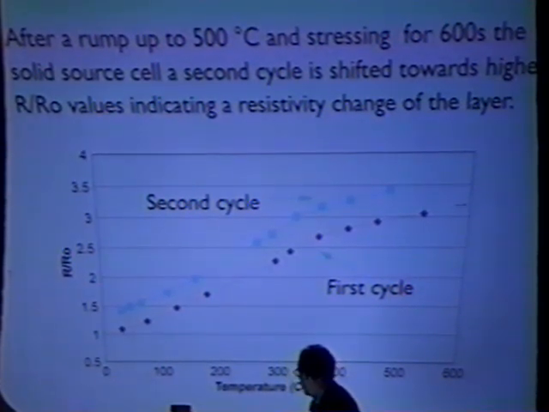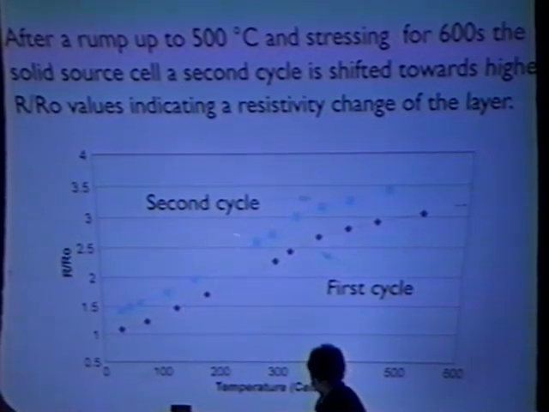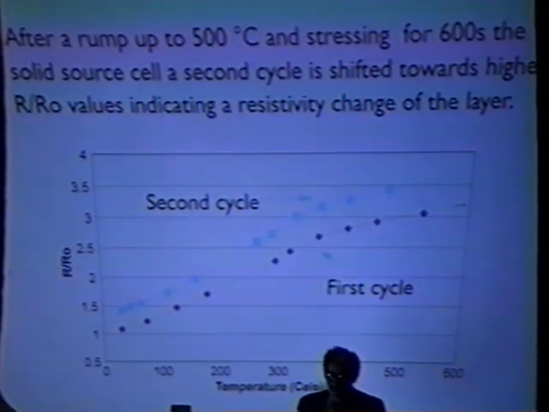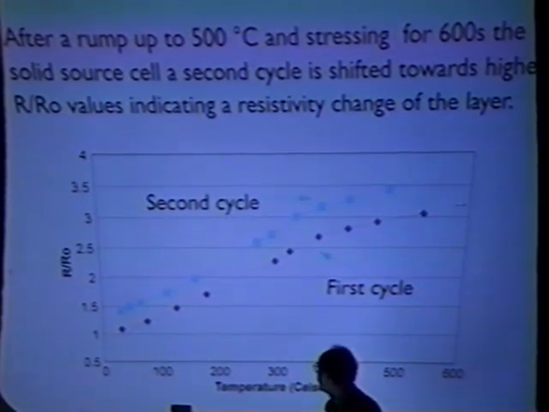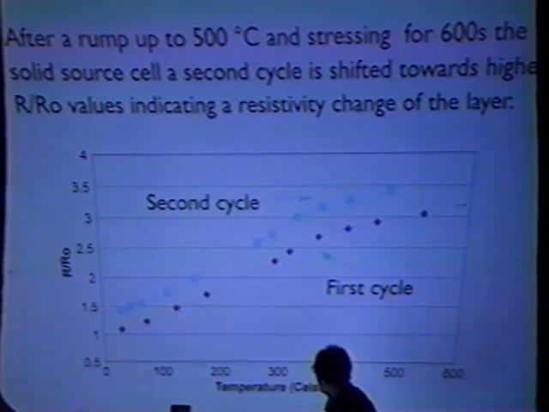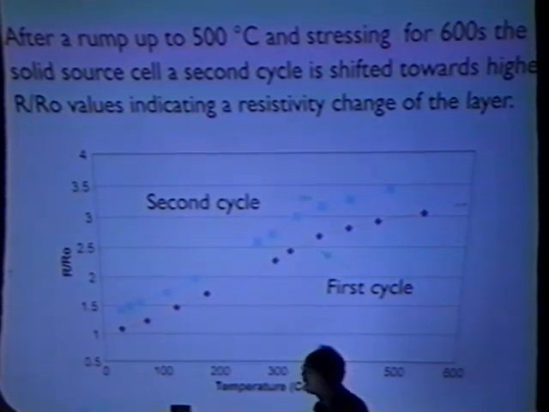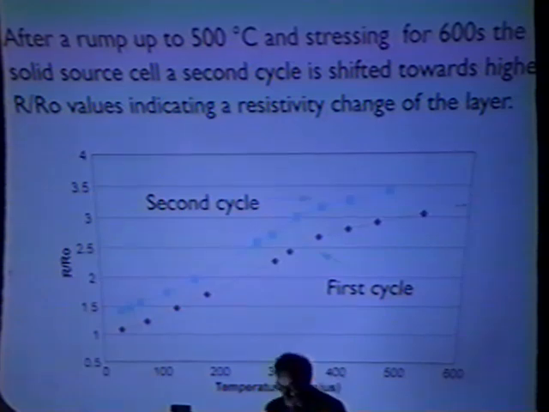With these curves, I just try to make a confirmation of the activation energy of the release of hydrogen from that film. And I used several cycles stressing the cell at different temperatures for the same time, having so isochronal curves just to calculate the activation energy.